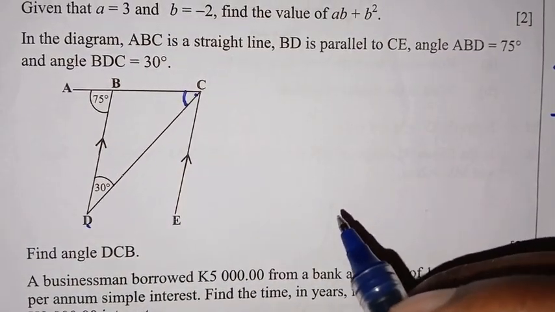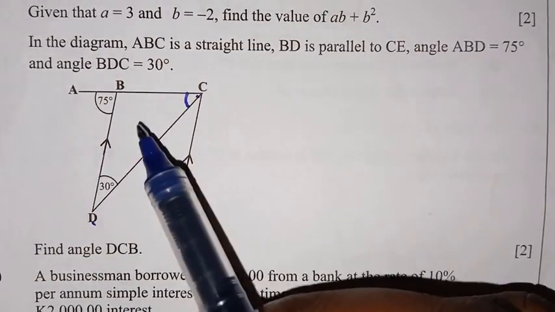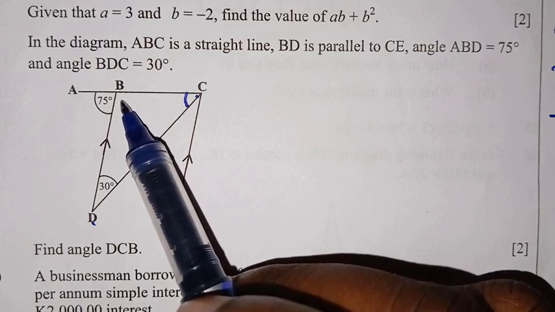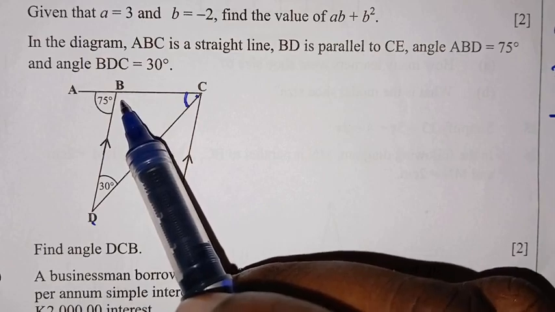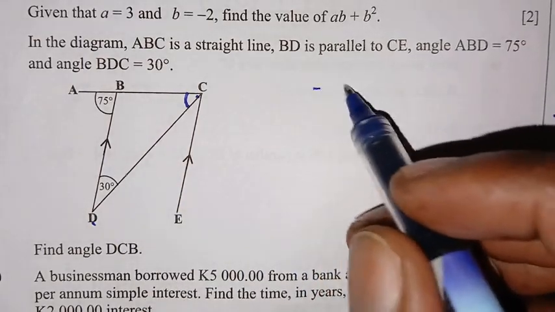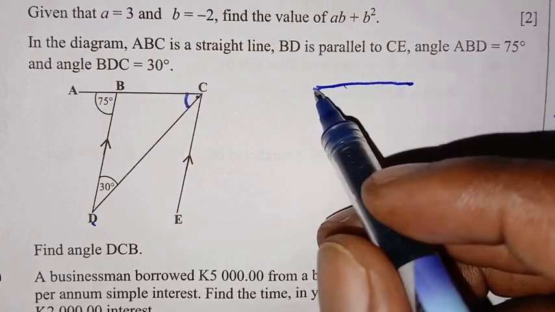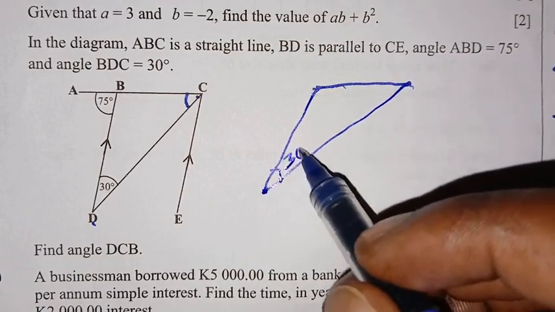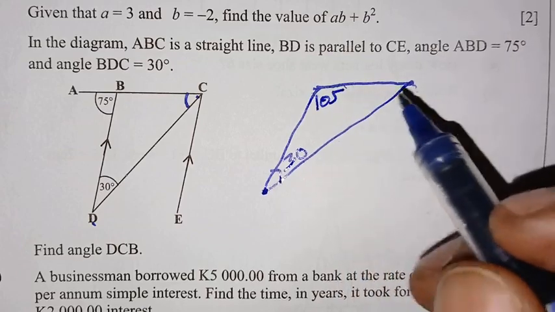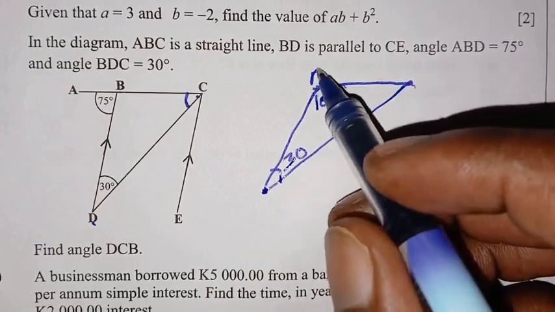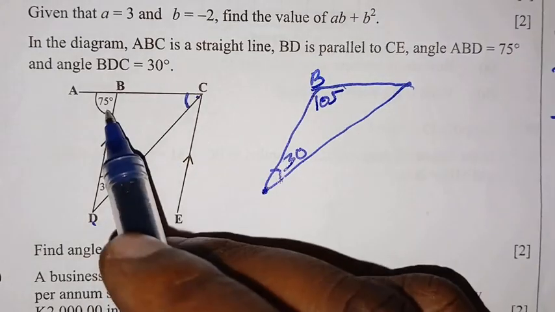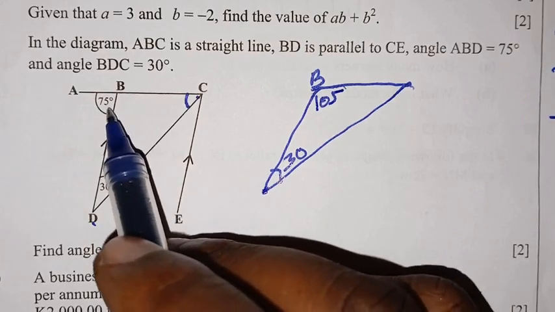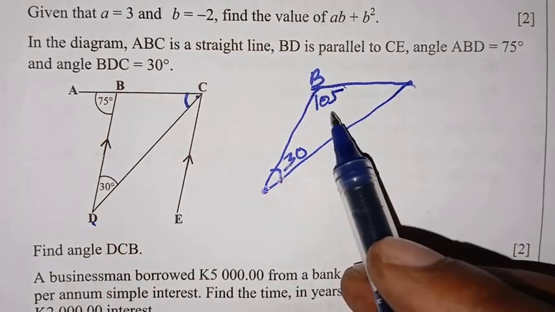The first one is where, if you get this angle here, this is 30. This angle here is 105. Okay, this is B here. Since we have 75 this side, then this angle here is 105, because 2 angles on a straight line must add up to 180.